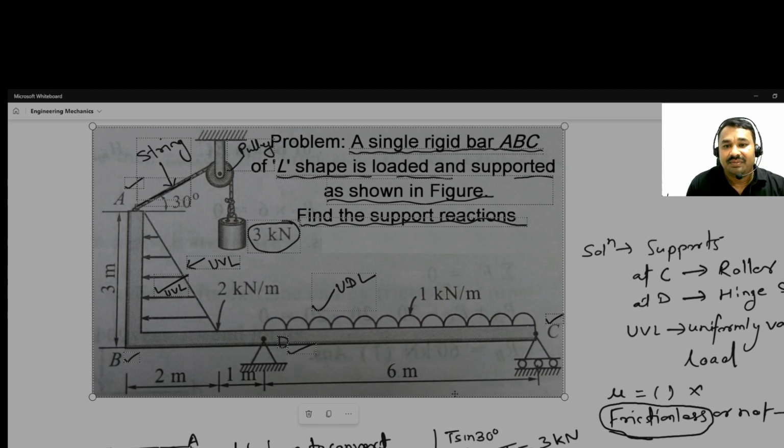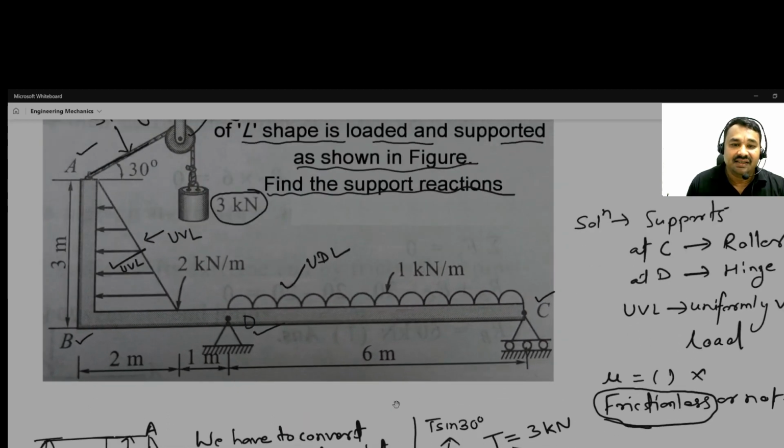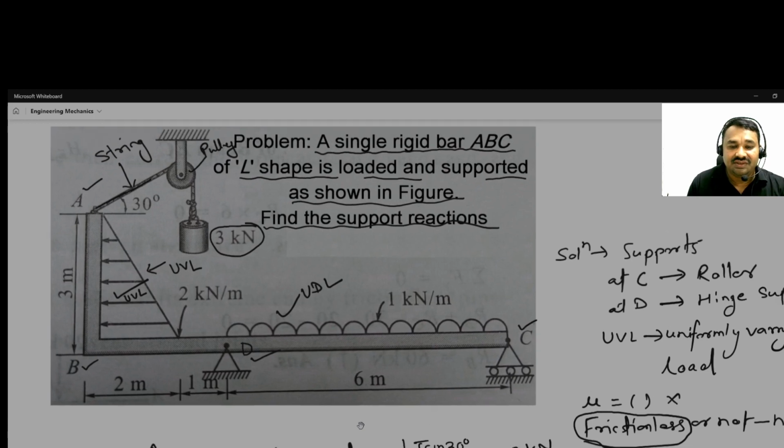And then we have to satisfy all the equilibrium conditions, and it is which type of system? Definitely it is the coplanar non-concurrent force system.